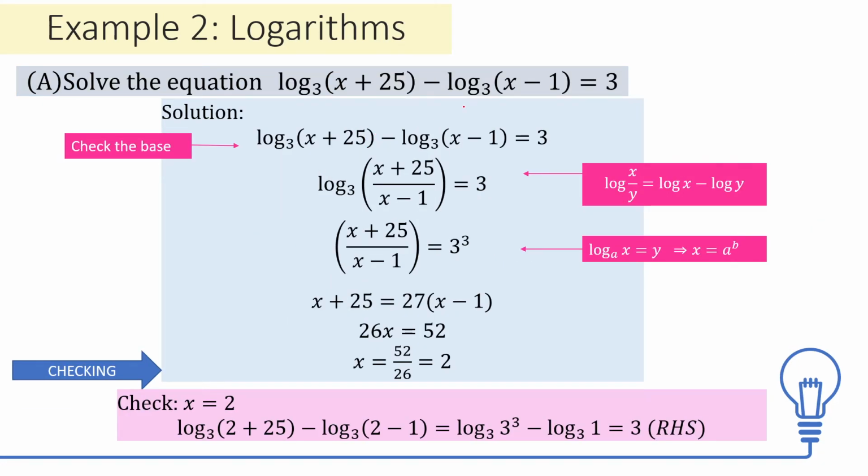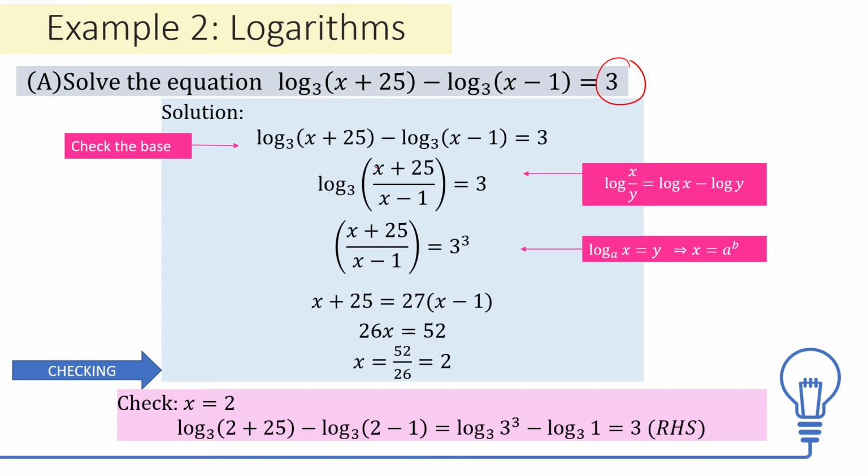Now we are quite happy because this one is base 3, this is base 3, but we have one more friend here. When we have one more friend here, we can do one style: I combine them, since log x minus log y is log of x divided by y.